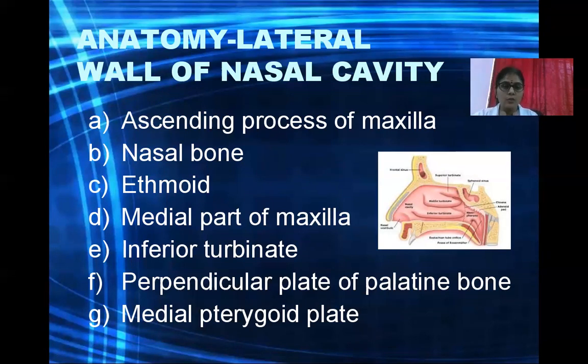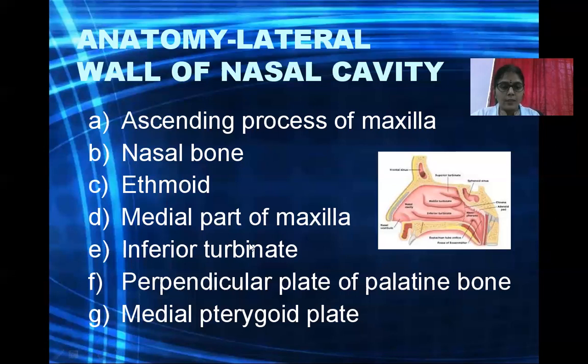Let us go through the anatomy of the lateral wall. What are the bones which form the lateral wall of the nasal cavity? You have the ascending process of the maxilla, the nasal bone, ethmoid bone, medial part of the maxilla, inferior turbinate, perpendicular plate of the palatine bone, and medial pterygoid plate. All these form part of the nasal cavity on the lateral wall.